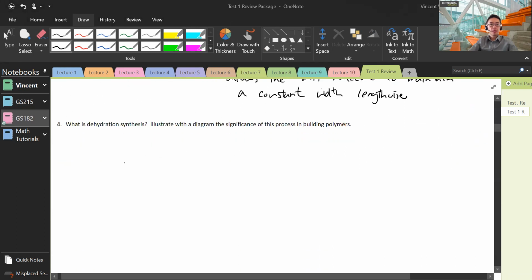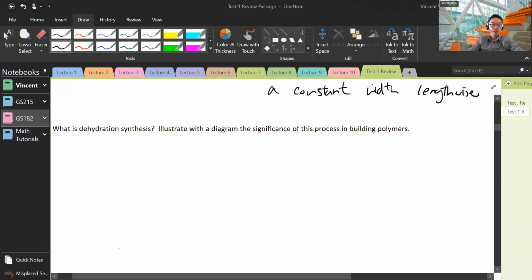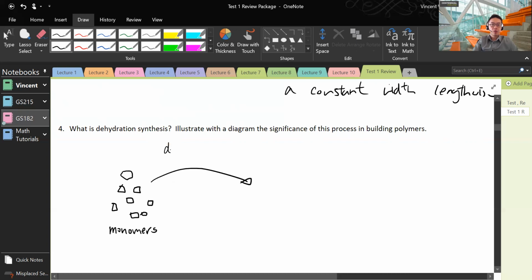Moving on. Next question. What is dehydration synthesis? Illustrate with a diagram of this process. So that's quite easy, right? You have the monomers here, and then in the process of dehydration synthesis, you will connect the monomers together.